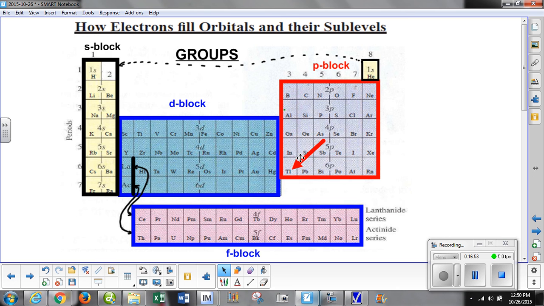Tellurium is right here, and as we go back and we find xenon, we have to start with the 6s, and then we do lanthanum. That's in the 5D sublevel. And after lanthanum, we have to go right down here to the 4F. That's how the guys in the F block work.